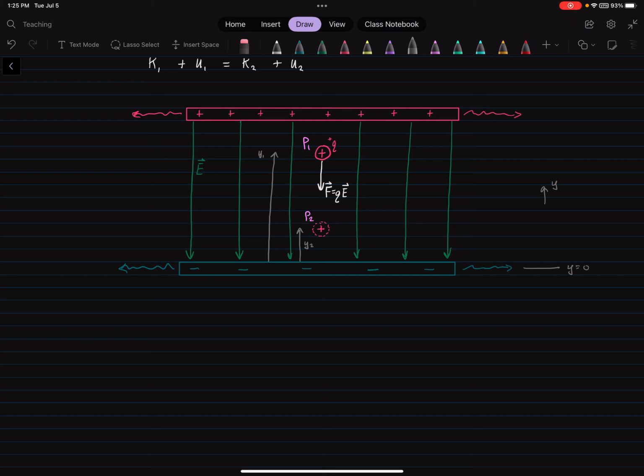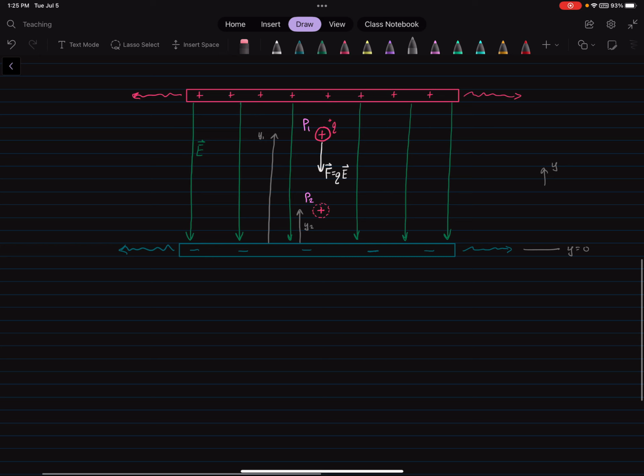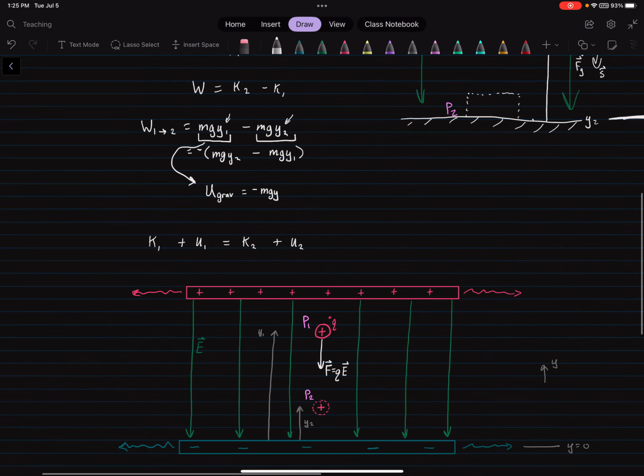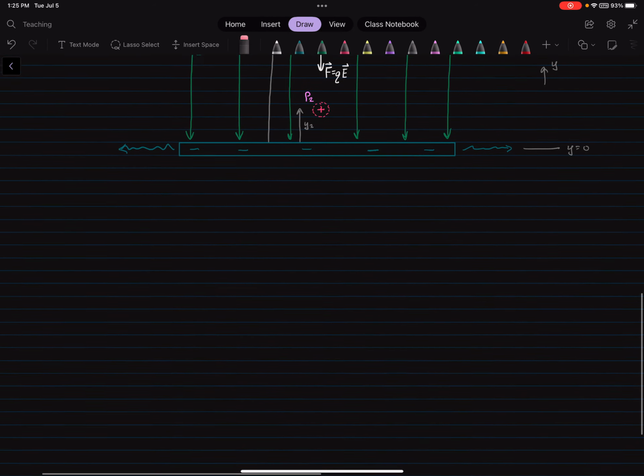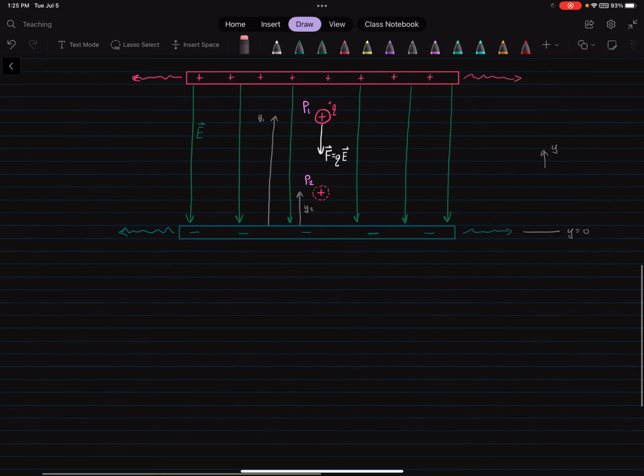All right, so what is the work that's done as it goes through this displacement from y1 to y2? Well, it's very similar to what we just talked about. The only difference is that it's a force from an electric field on a charged particle instead of a force from a gravitational field on a massive particle. Massive being used lightly because we're talking about tiny particles, but you get it.